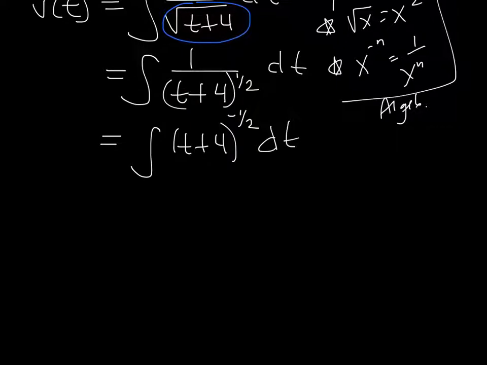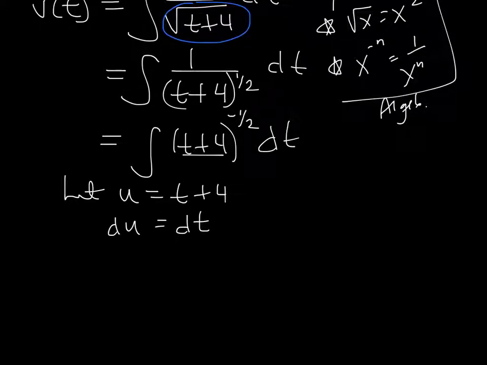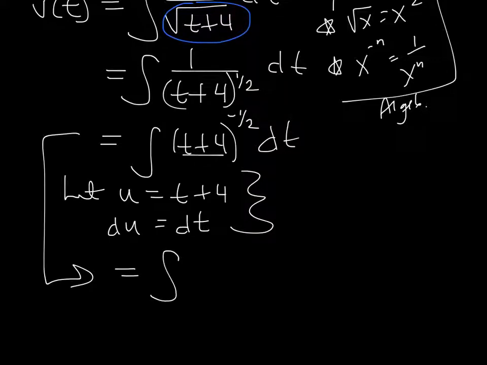Here we can integrate by substitution, so I'm going to let u be the inside function, t plus 4. So therefore du is dt, and the derivative of 4 is 0, so we don't need that. So we can use these relationships to write the integral of u to the -1/2.